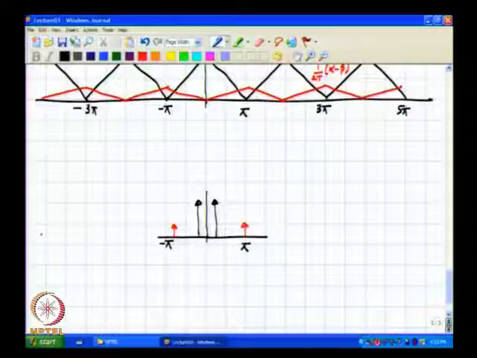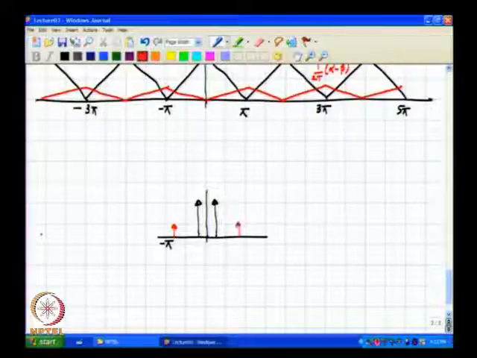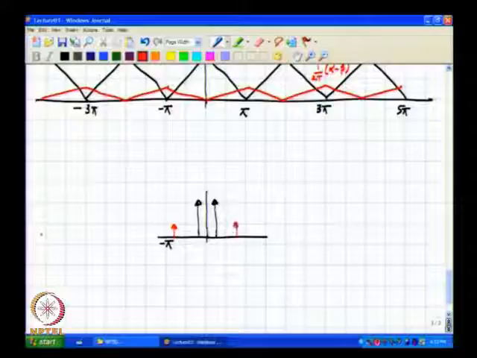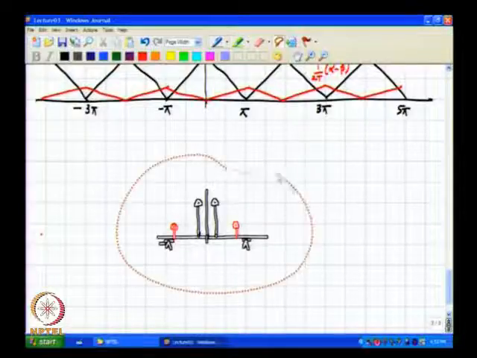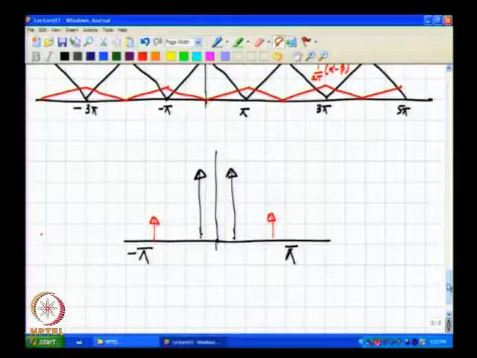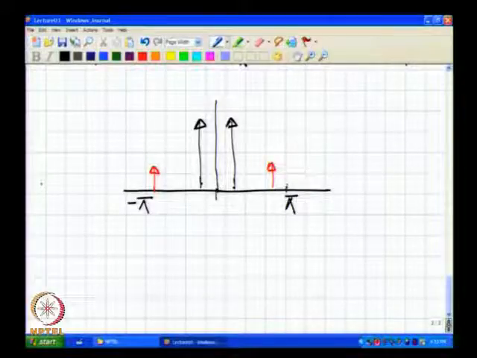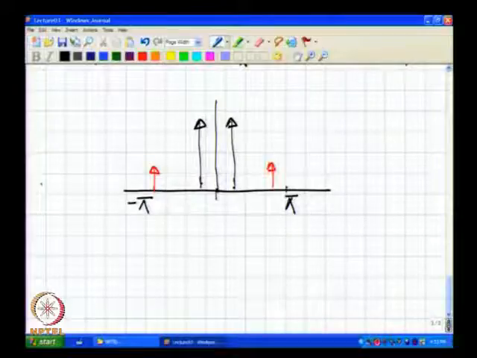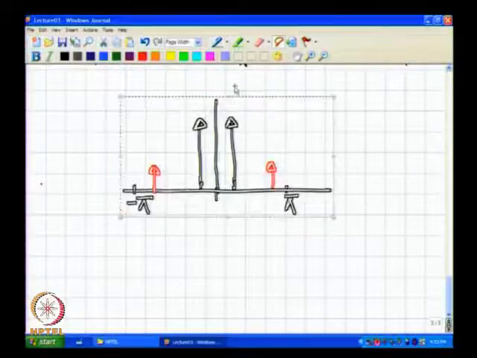Correct. So if the input was continuous time and had a frequency of, let me erase and redraw it clearly.